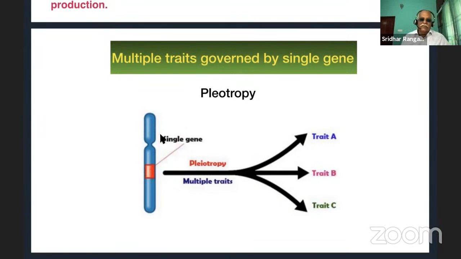But later, a single gene was found governing three different traits. They may be related or they need not be; they may be unrelated traits in the plant system. That is why I say these unrelated traits might govern some other aspects of your crop production mechanism. Please keep it in mind.